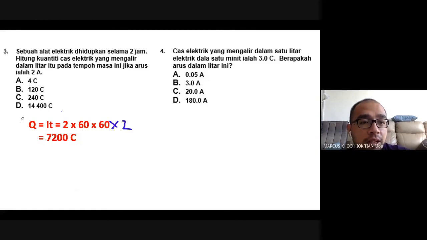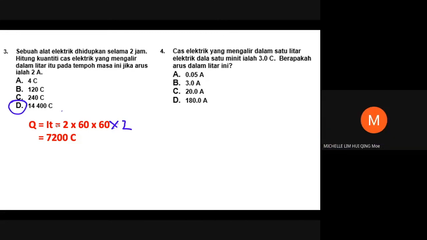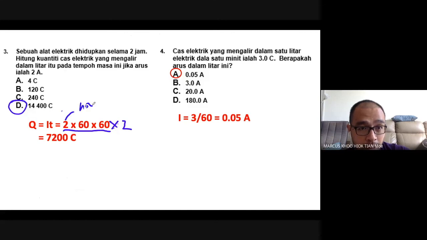Sorry, the answer is D. Okay, number 4, Michelle. The answer is A. Okay, good. Interesting that they put the answer for number 4, but they didn't put the answer for number 3. Number 3 is 2 times 2 times 60 times 60, because this is 2 hours, and then this is 2 amps.